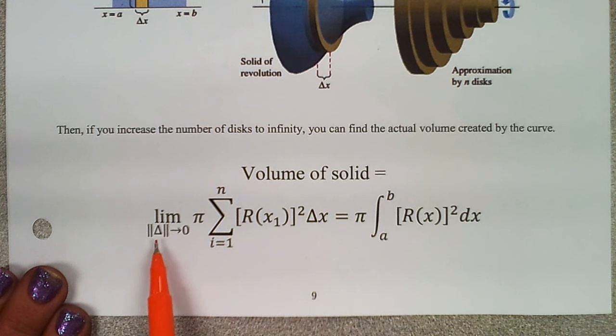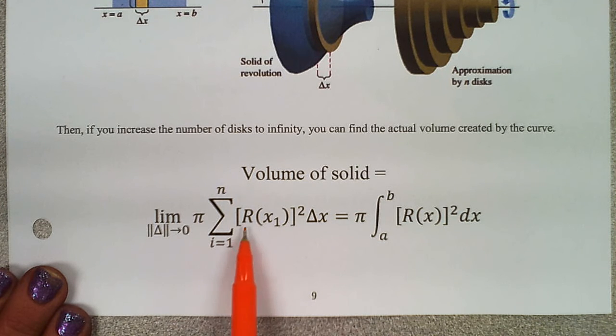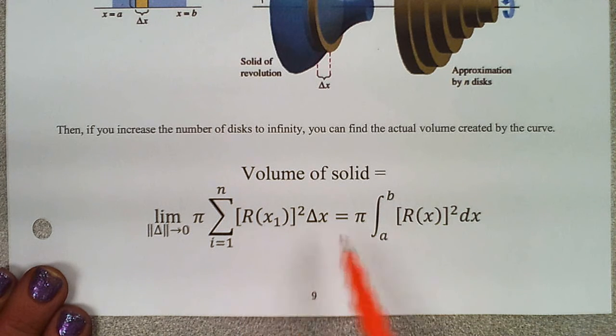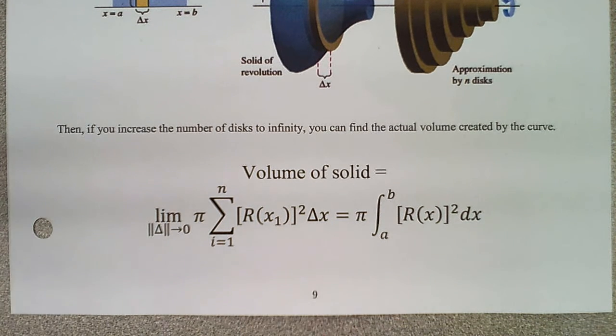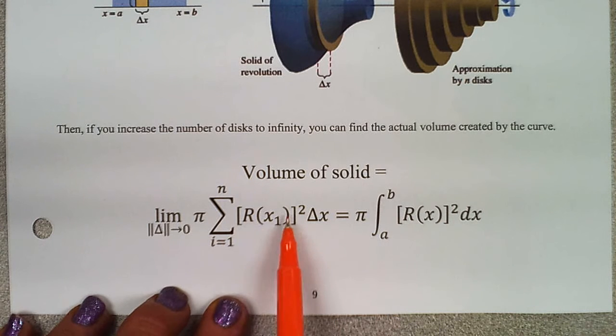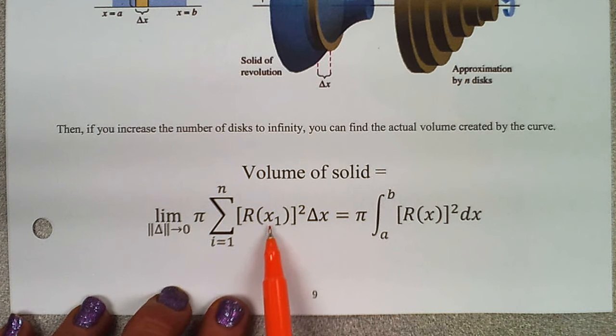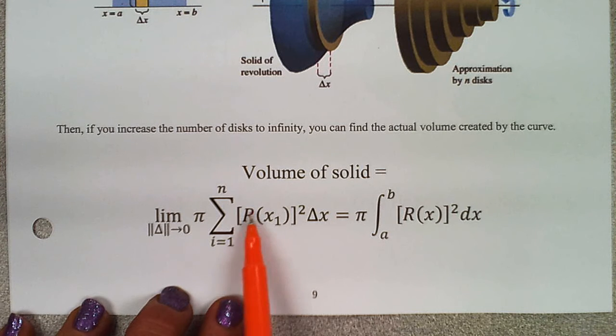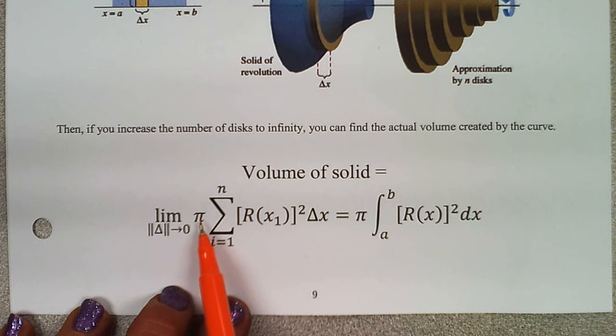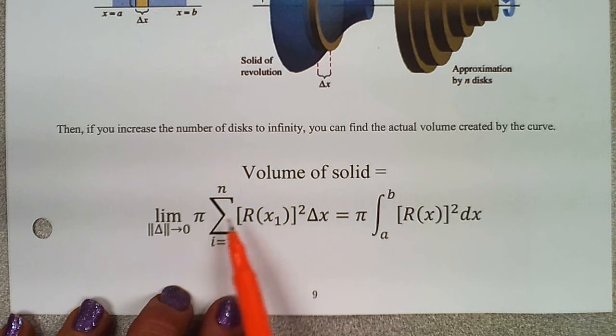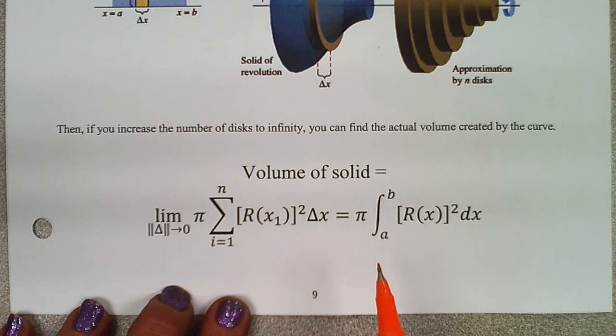So here they have the limit as delta goes to 0 of pi, the summation from i equals 1 to n of r of x sub i quantity squared delta x. What this is doing, this r of x sub i squared, this is your radius squared, times pi, and since pi is a constant, you're able to take it outside the summation.